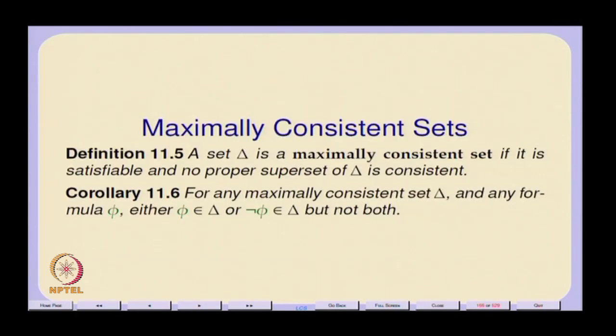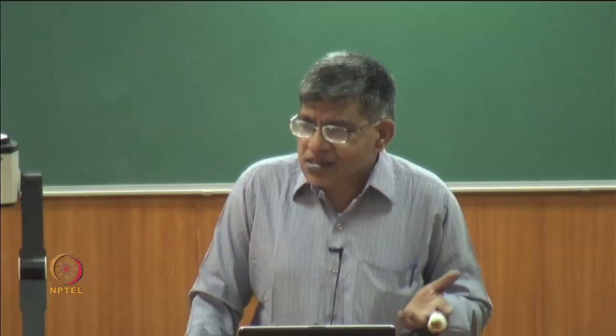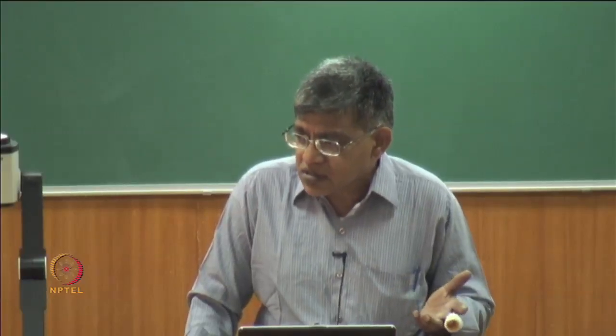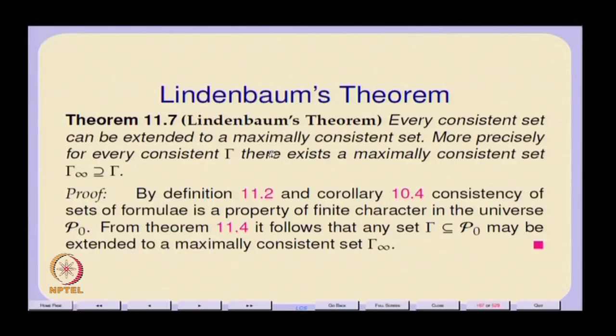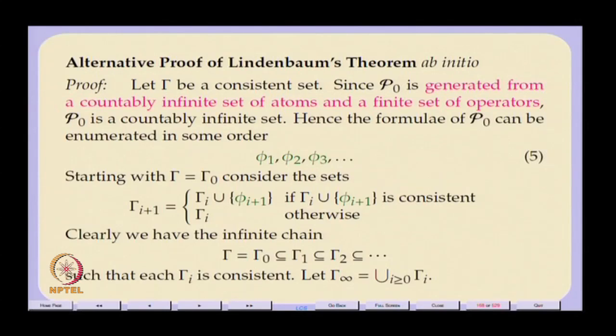We showed that Hintikka sets are in some sense maximally consistent, or any maximally consistent set is also a Hintikka set, and so on, and then we had Lindenbaum's theorem and so on.